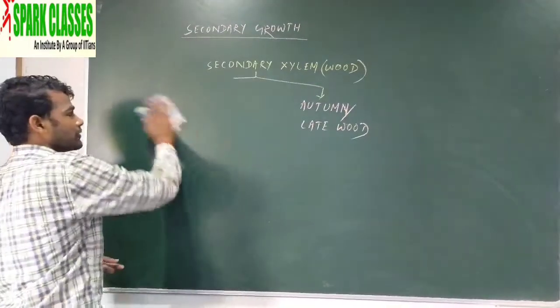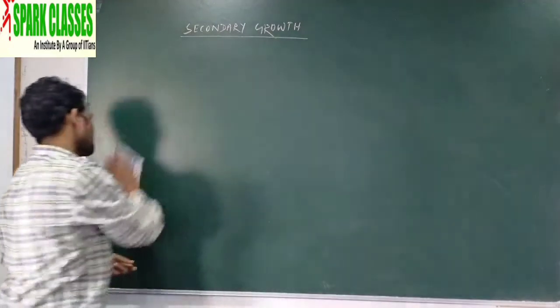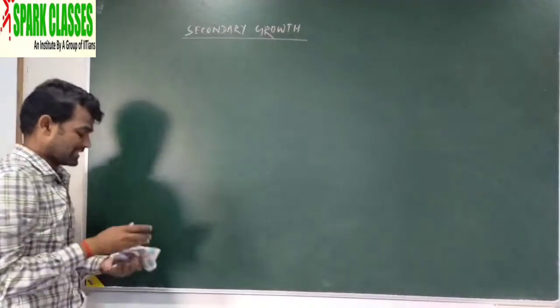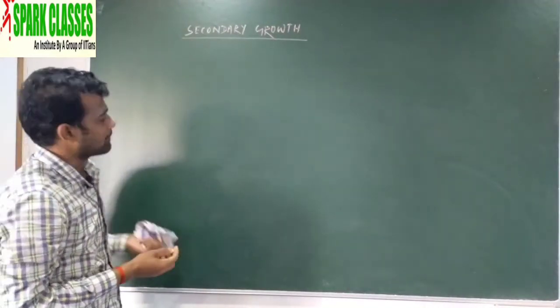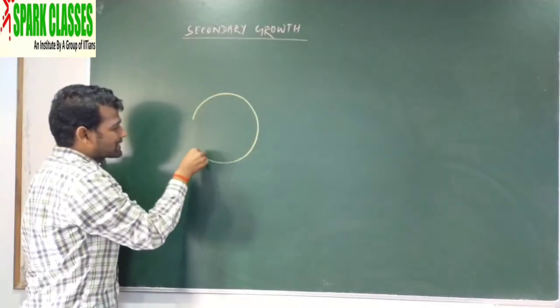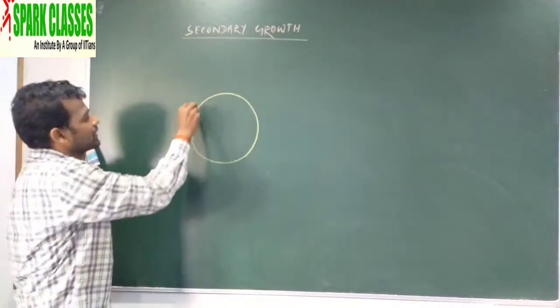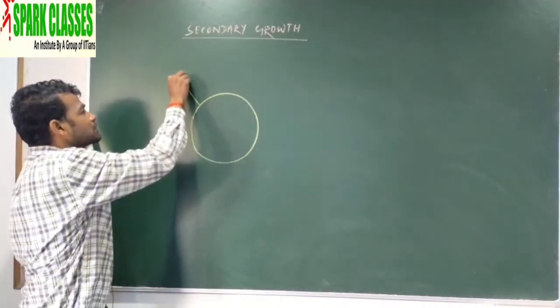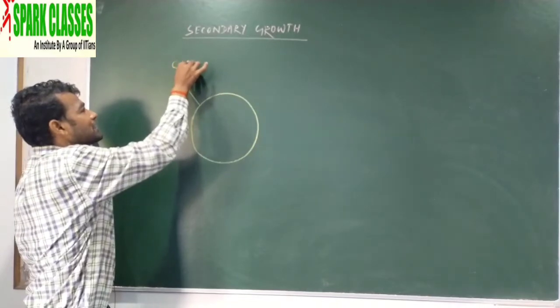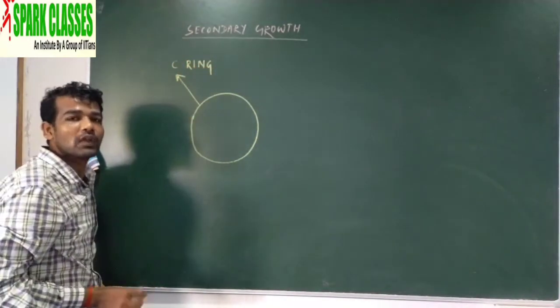So listen carefully. When secondary xylem is produced towards the inner side of the cambial ring, this is the cambial ring. Already in the last class I told you what the cambial ring is. The cambial ring is formed by intrafascicular and interfascicular cambium.